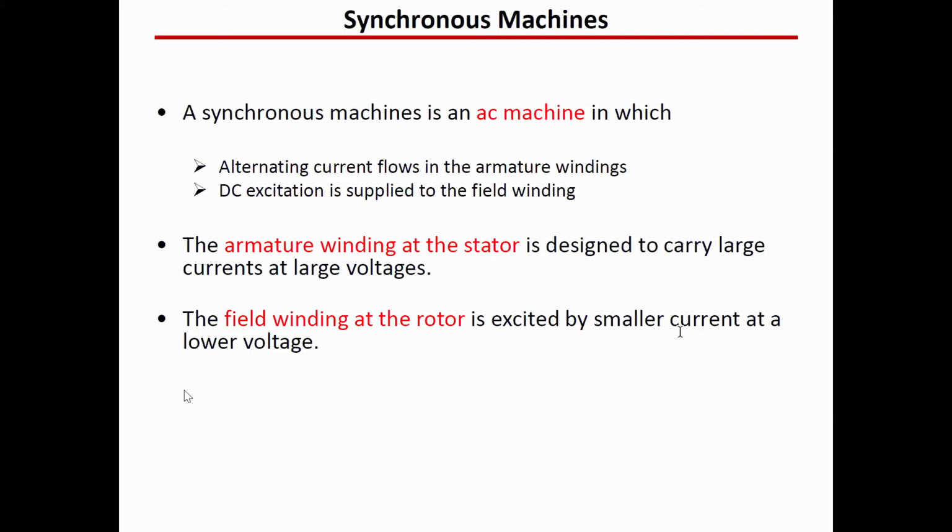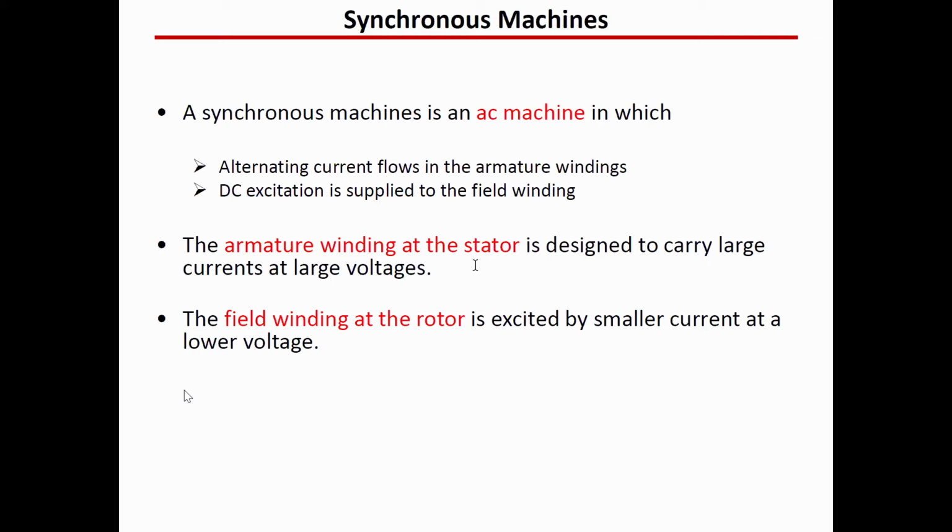So synchronous machines are AC machines, as we mentioned. So we're going to talk about synchronous machines in which alternating current flows in the armature winding, and DC excitation is supplied to the field winding. So again, AC current and voltage in the armature.